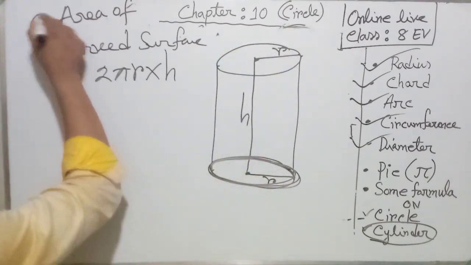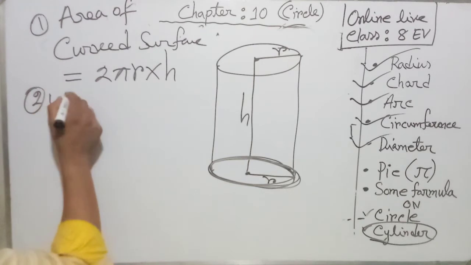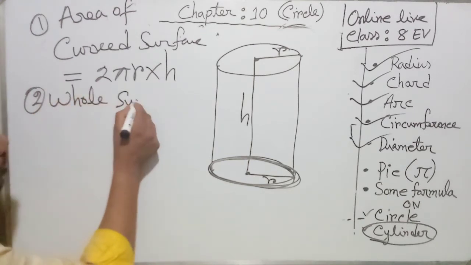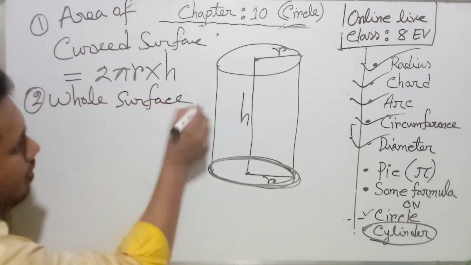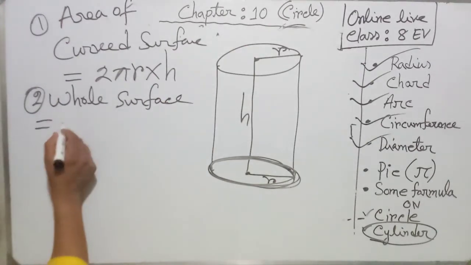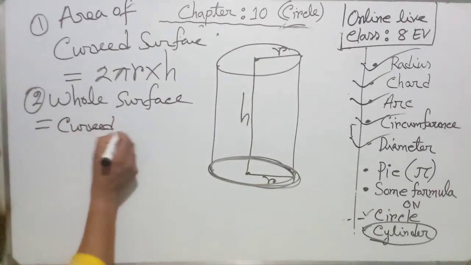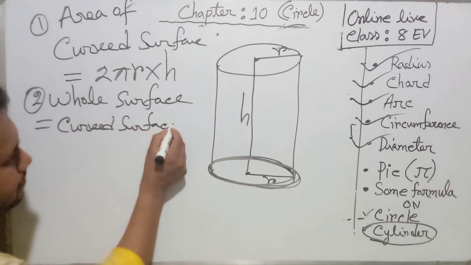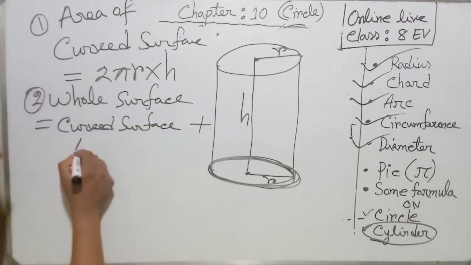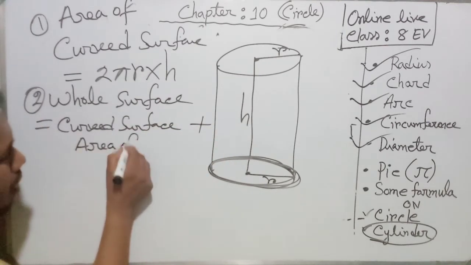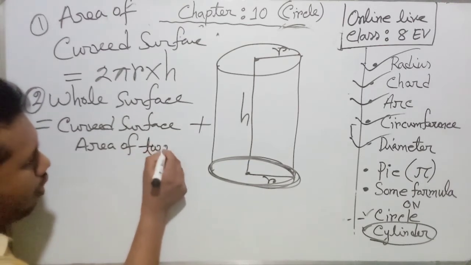Another one, whole surface. Now what is the whole surface? Whole surface means curved surface plus the area of two covers.